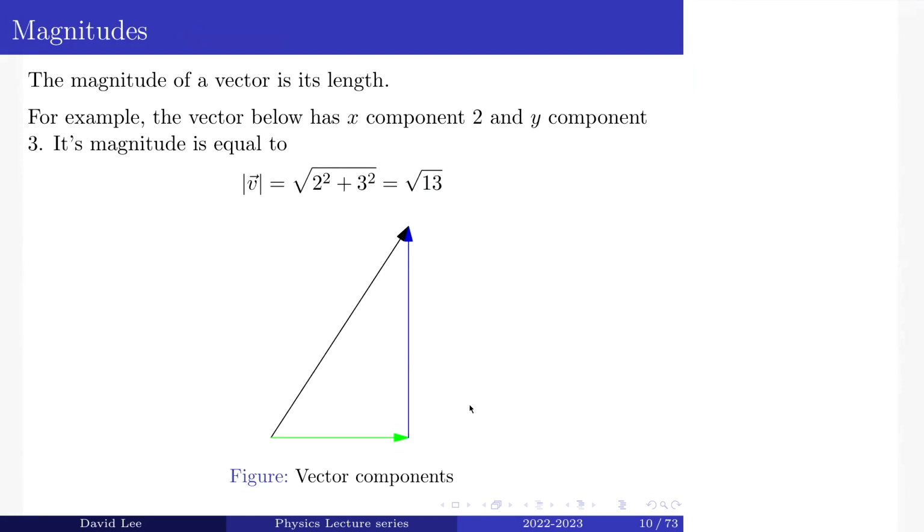And as I've already been mentioning, vectors have magnitudes, and the magnitude is simply the length of the vector. If we have the components of the vector, we can easily compute the magnitude by using the Pythagorean theorem. So square root of x component squared plus y component squared.